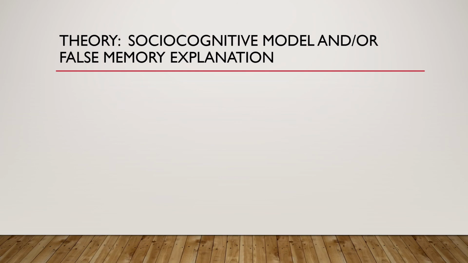On the other side of the coin are the skeptics of repressed memories who subscribe to the socio-cognitive model, or the false memory explanation of repressed memories. This is sometimes called the fantasy model by critics of the socio-cognitive model, less so by proponents of the model.